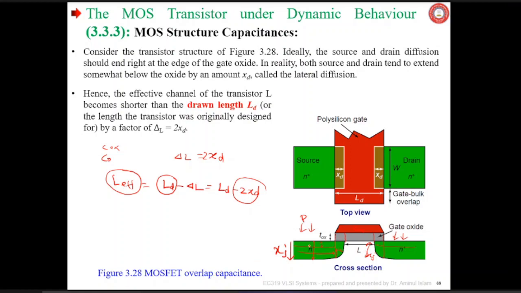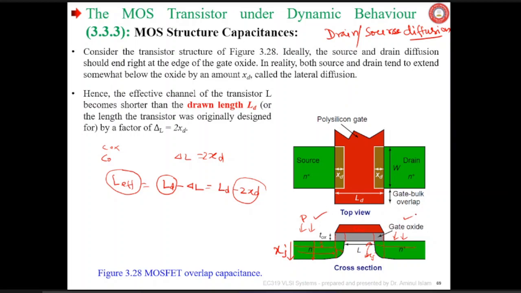One terminology you are using: drain or source diffusion capacitance we are saying. Why are we using the term diffusion, whereas we are doing ion implantation?